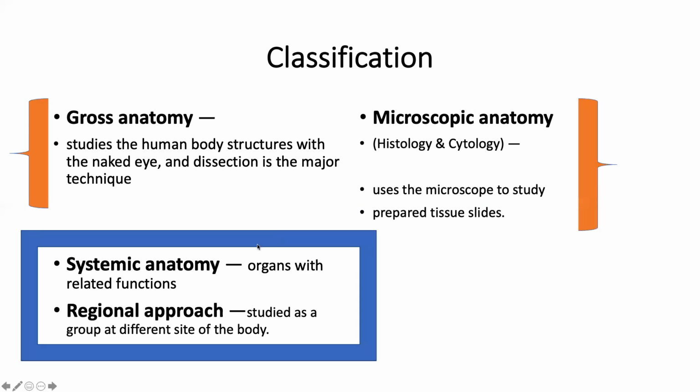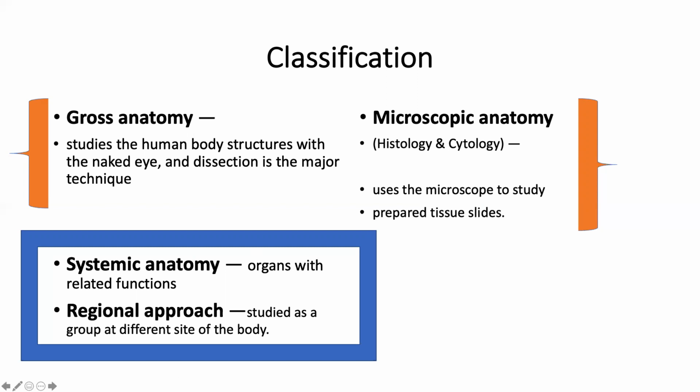The same way, we can group the organs by their different regions. For example, the thorax means our chest. Inside the chest, we have the heart, the lungs, and the big vessels coming up from the heart. So if we study thoracic anatomy, we'll be studying the heart, lungs, and major vessels.